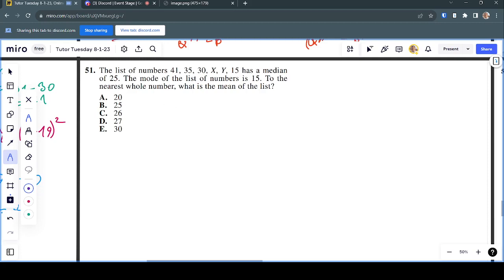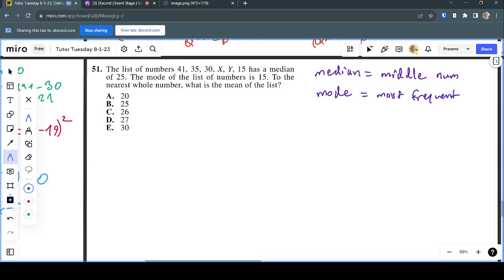The mode of the list of numbers is 15. That's the most common number. Let me do like this: median equals middle number. The mode is the most frequent. And then to the nearest whole number, what is the mean of the list?